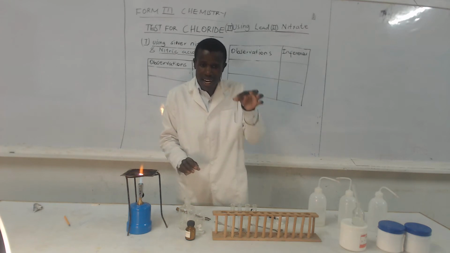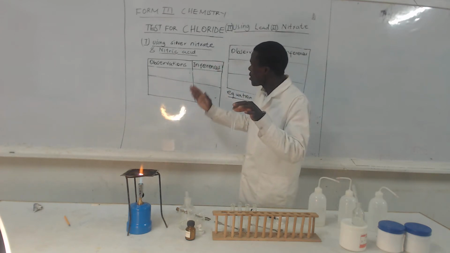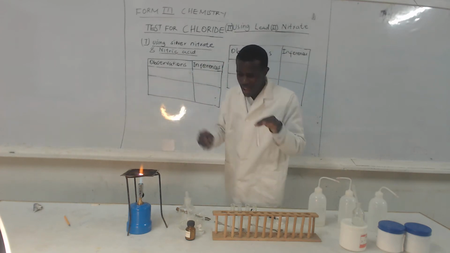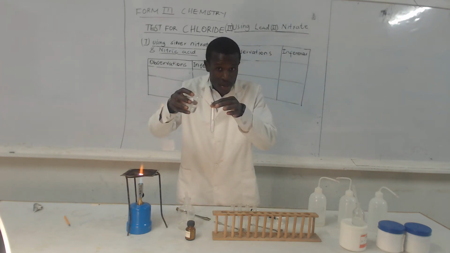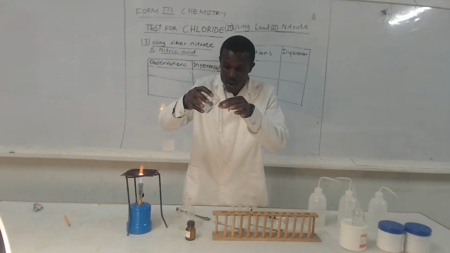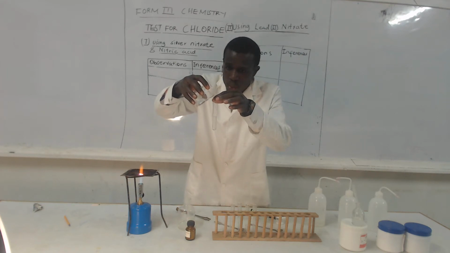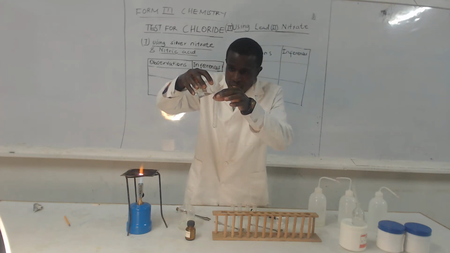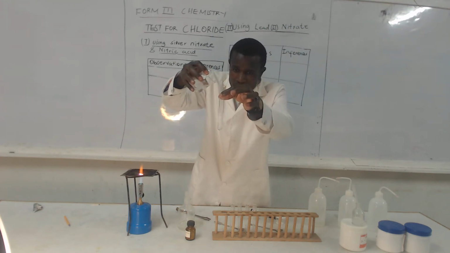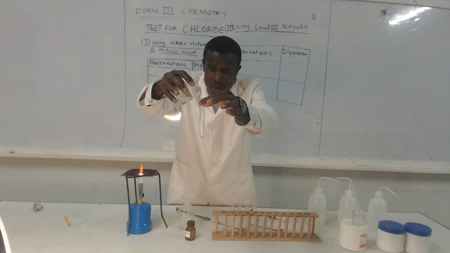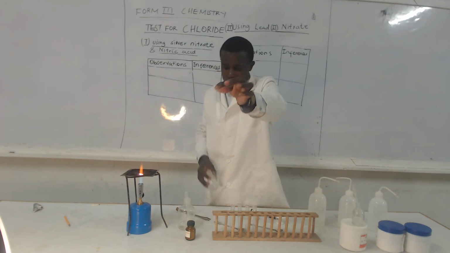After having done that, you now begin the test by adding silver nitrate. And then you must be very careful to make the correct observations. So as we add silver nitrate, be very keen. You can see a white precipitate formed.